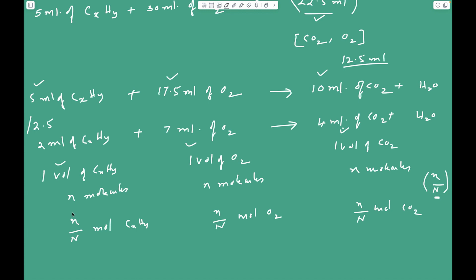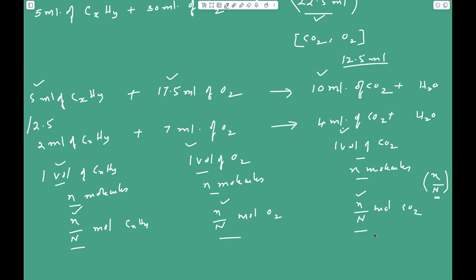See, here we have the same term small n over capital N in all these three cases. So that simply means if you have equal volumes measured at the same temperature and pressure of different gases, then they not only have the same number of molecules, they also have the same number of moles.